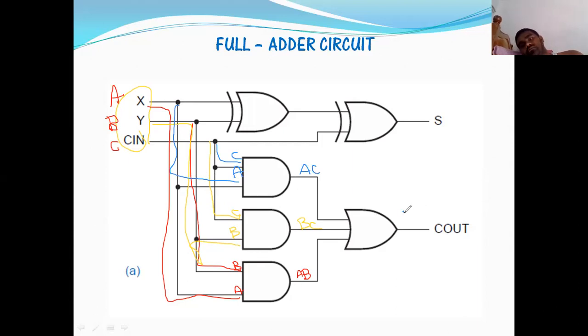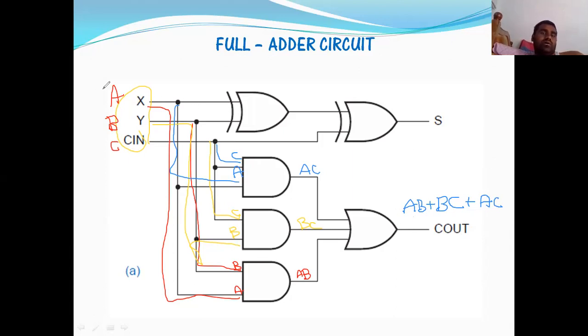So the ultimate output is AB plus BC plus AC. So this is the full adder carry out. The carry output is like this: AB plus BC plus AC.